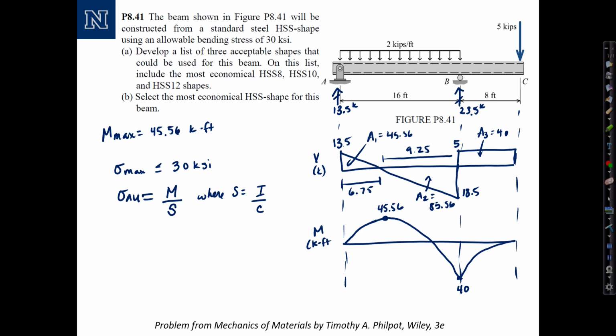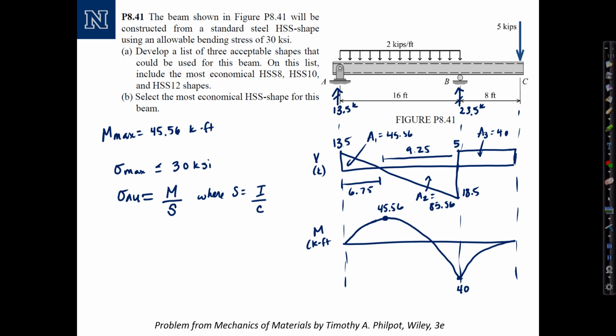So the section modulus in one parameter takes into account all the information about the cross-section that is needed to compute the stress. This is why it's a convenient parameter for design.